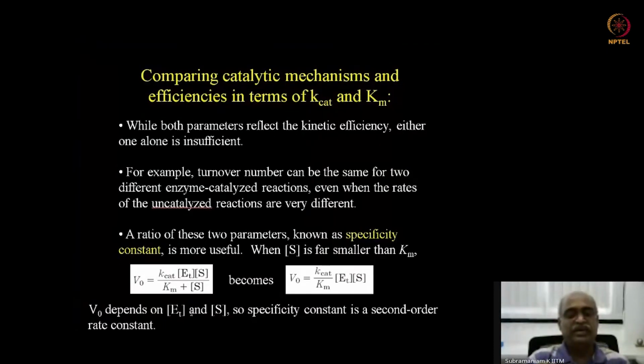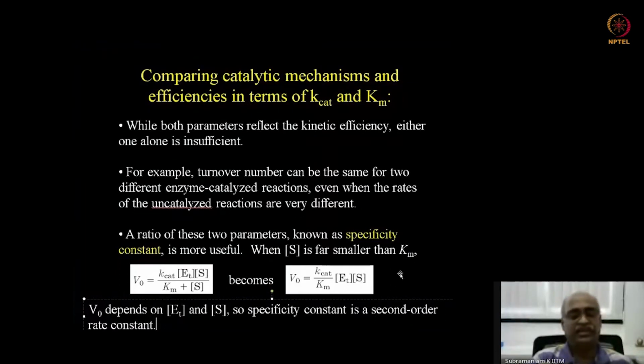So environmental factors like the diffusion rate becomes the limiting. So if an enzyme's specificity constant is at the limit of the diffusion rate, then you say the enzyme has actually achieved perfection.